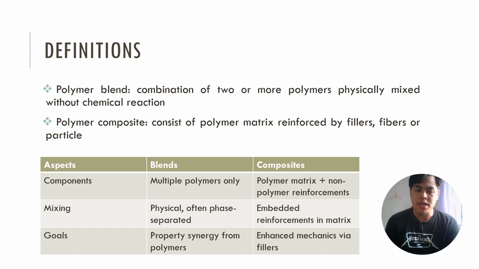For mixing, blends are physical, often phase separated, while composite has embedded reinforcement in matrix. The goals of each blend and composite is different too, which is blends is supposedly for property synergy from polymers, while composite enhance mechanics via fillers.